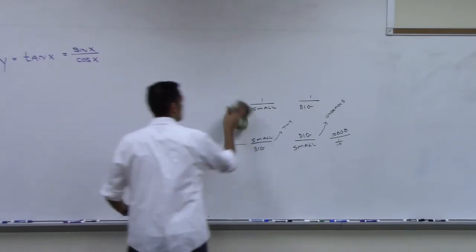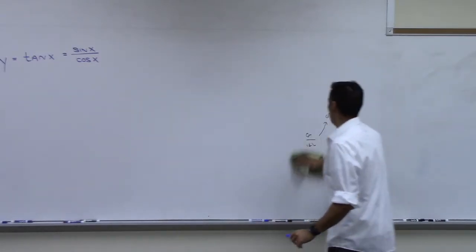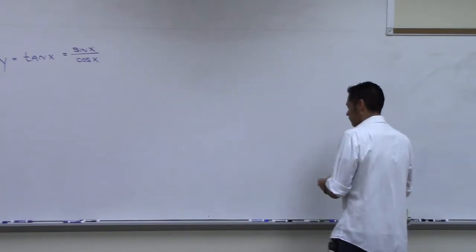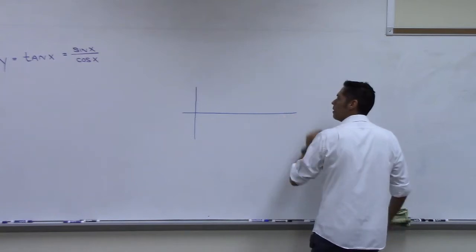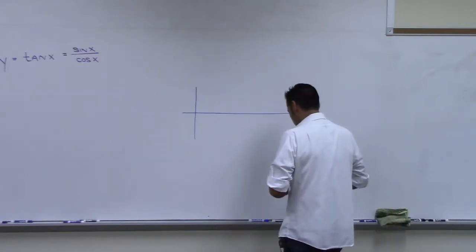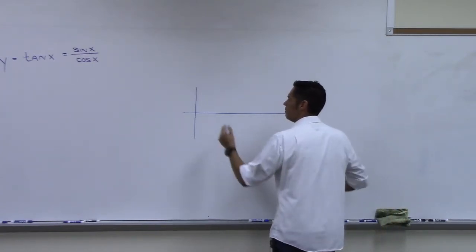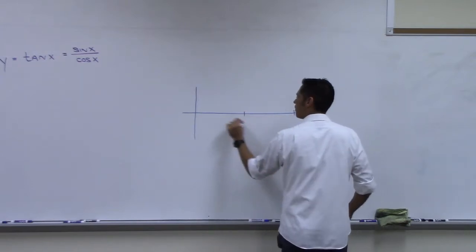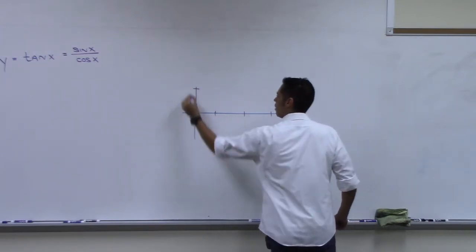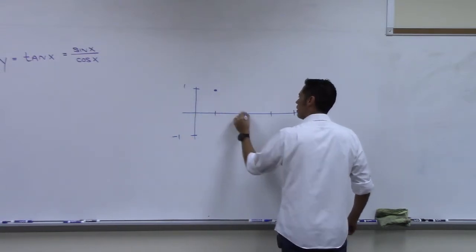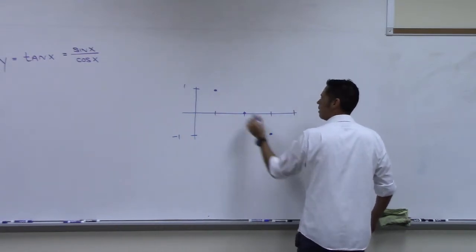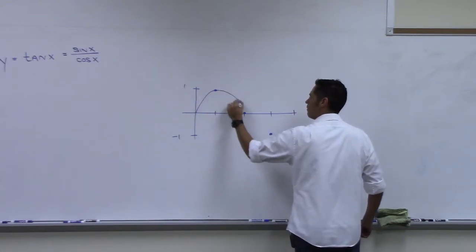So let's graph sine and cosine together. All right, here we go. And you know what? I think I'll color code these. Nah, I won't. Okay, here we go. Okay, here comes sine.